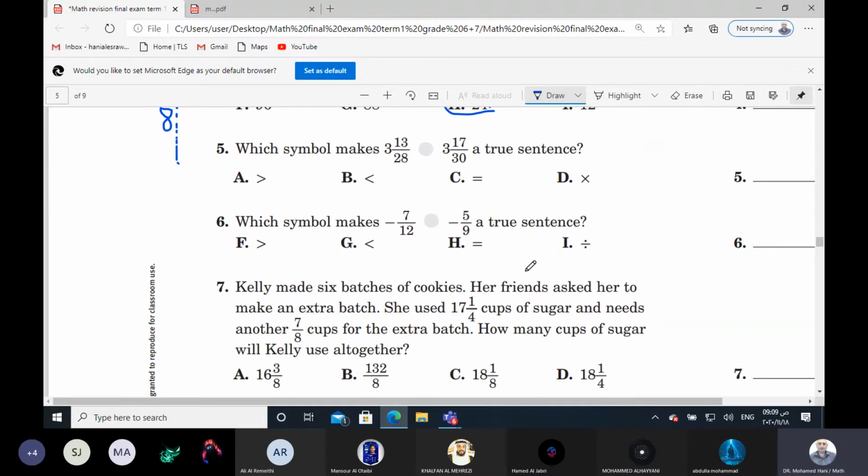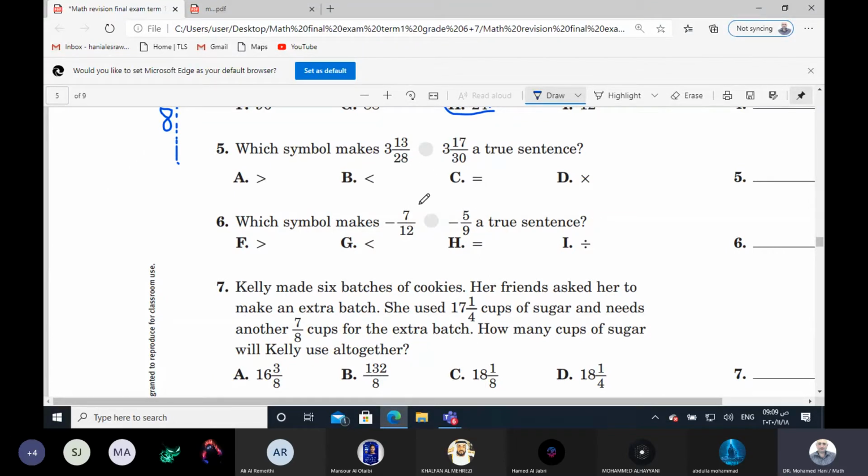Here we want to compare the two mixed numbers. As you see, the whole number here is 3 and here is 3, the same value. So go directly to the fractions. The fractions are unlike fractions, so we cannot compare directly. Here we have two methods. The first method, we can find the LCD between 28 and 30.